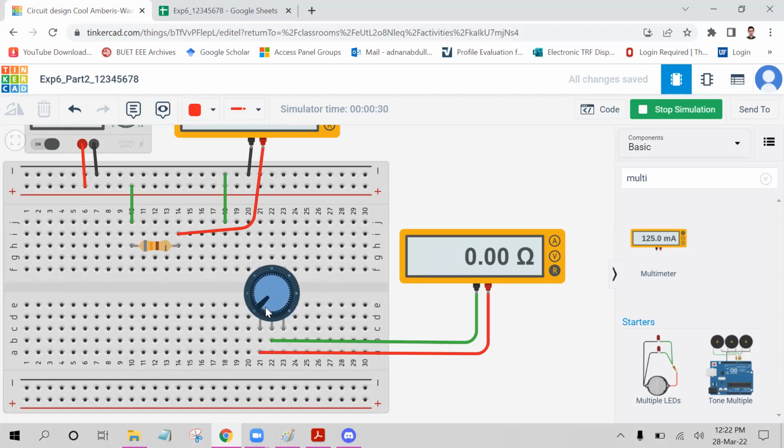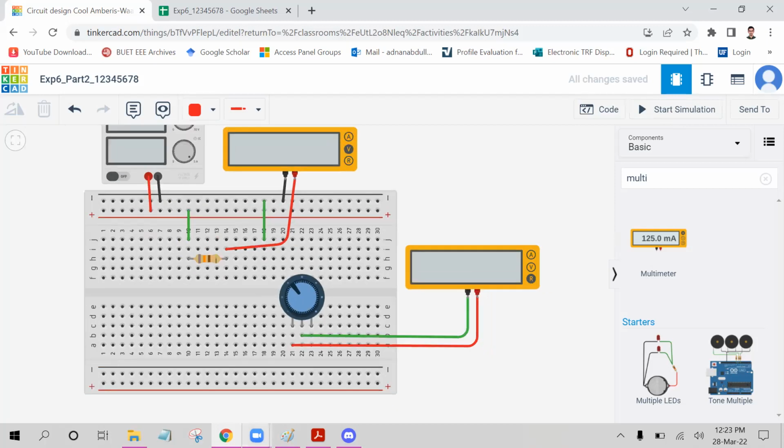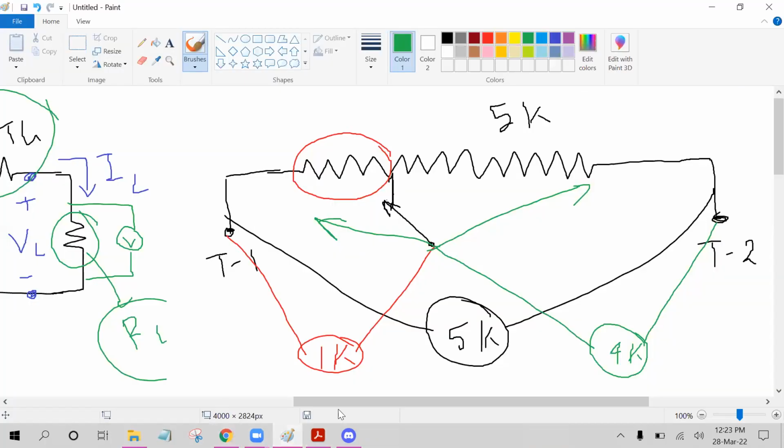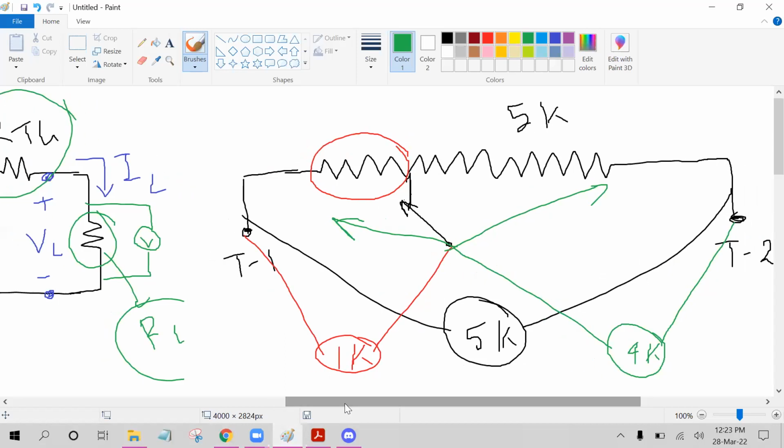The minimum should be 0 ohm. So if I set it somewhere in between, say it is 90 kilo. Everyone got the idea? Now for our case, we do not need something like 100 kilo ohm resistance, right? We just discussed a bit earlier.